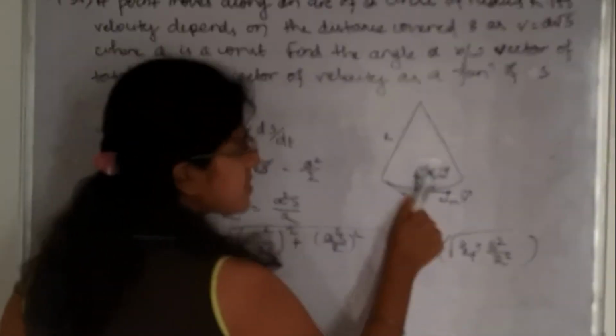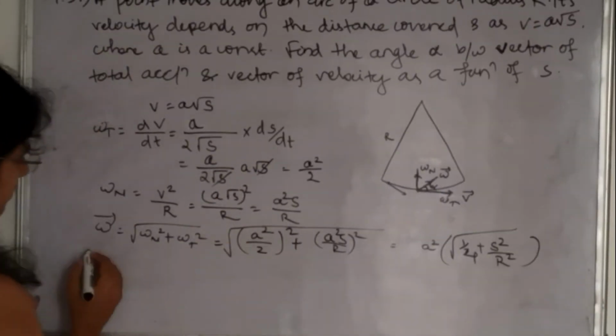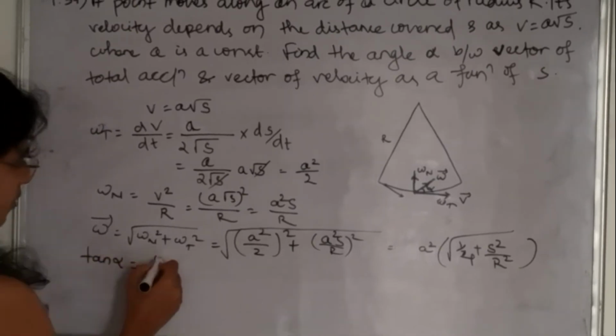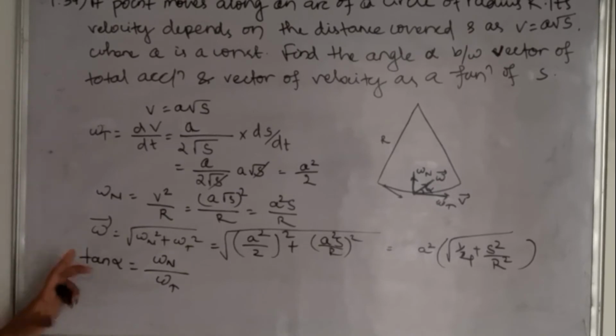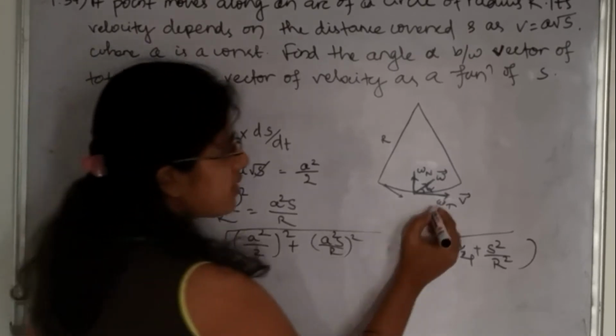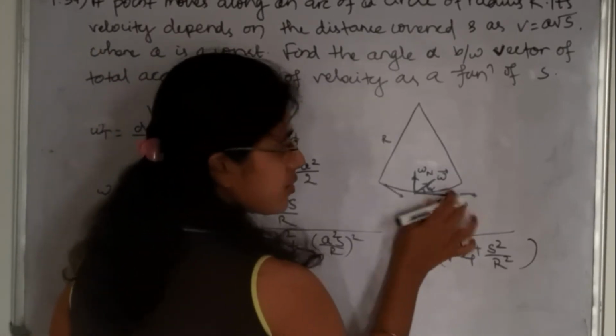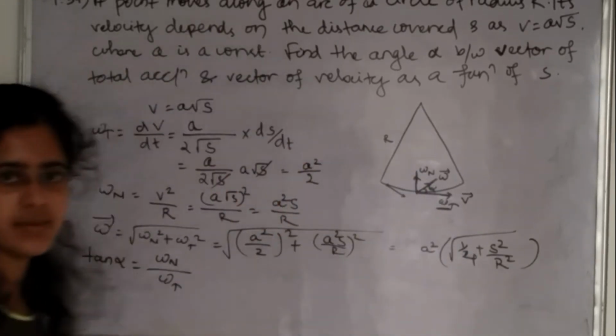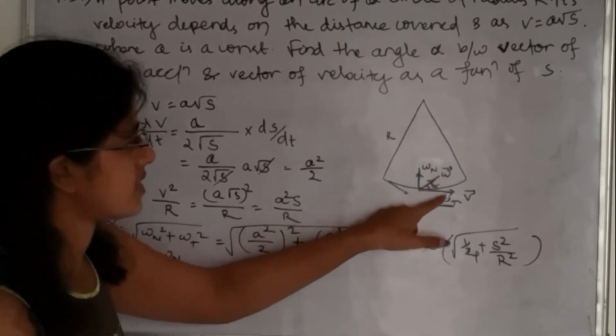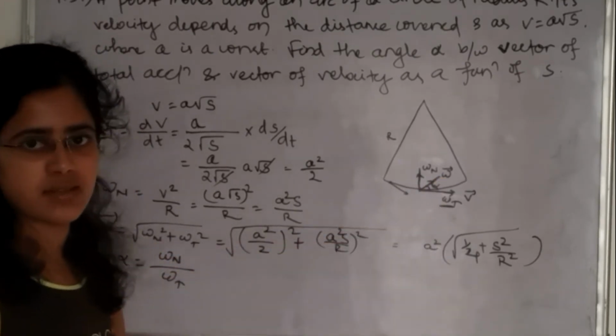How to find this angle alpha? Tan alpha is omega n divided by omega t. Tan alpha is equal to y by x, we know. Here omega t is directed along velocity, so we can write it as omega n divided by omega t. That is the angle between total acceleration and tangential acceleration.